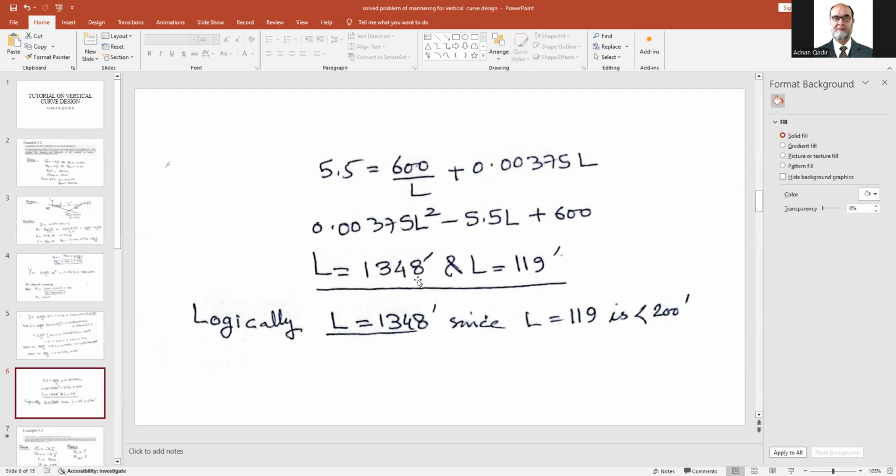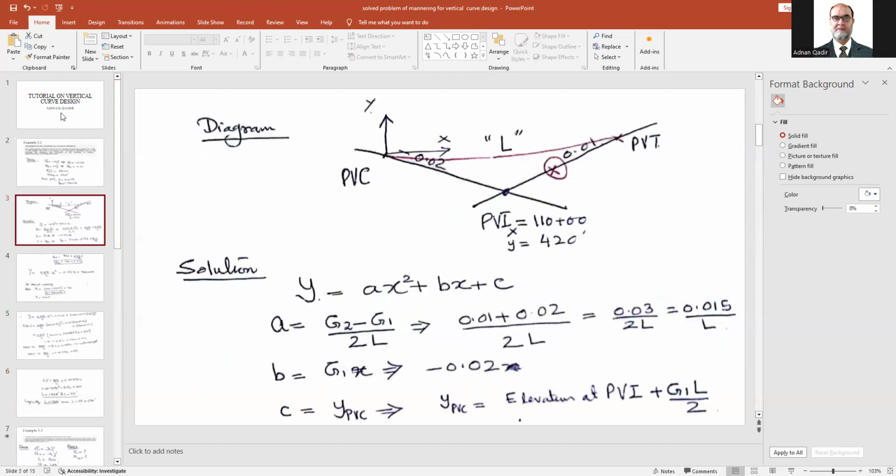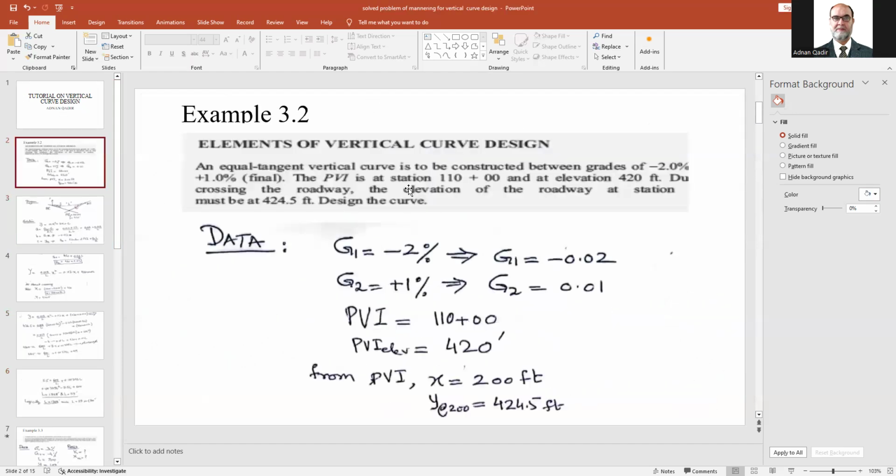Out of these values, L equal to 119 seems illogical, because the statement says the crossing is 200 feet away. Whatever the length of the curve, it should be more than 200 feet.